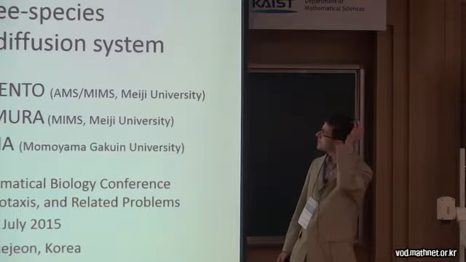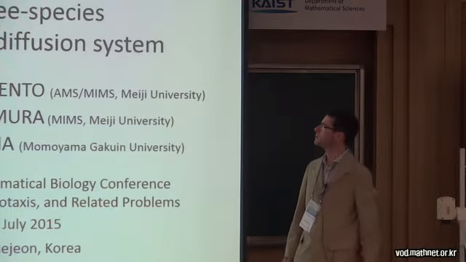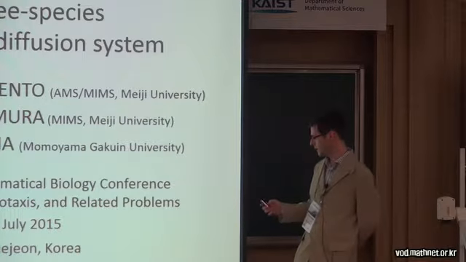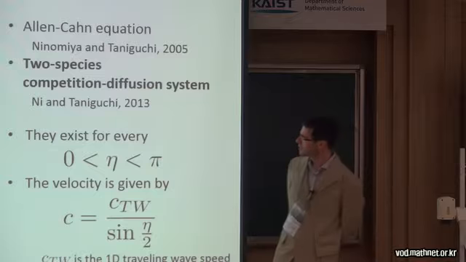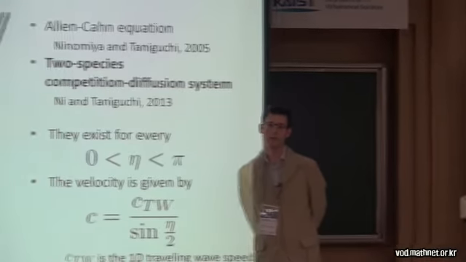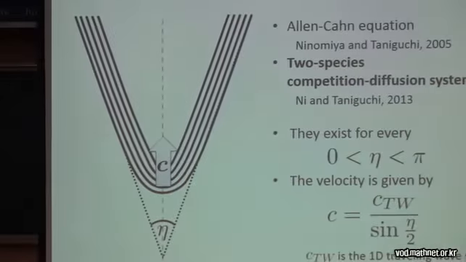So I'm talking about two-dimensional traveling waves in a three-species competition-diffusion system, and I start by reminding you of an example we saw yesterday in the presentation from Professor Taniguchi.